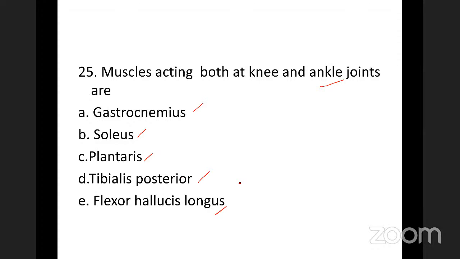So which is that muscle? I will tell the answer. The muscles are gastrocnemius and plantaris, because they have attachment to both the femur and the tibia. That is why they act on both the knee and the ankle joints.